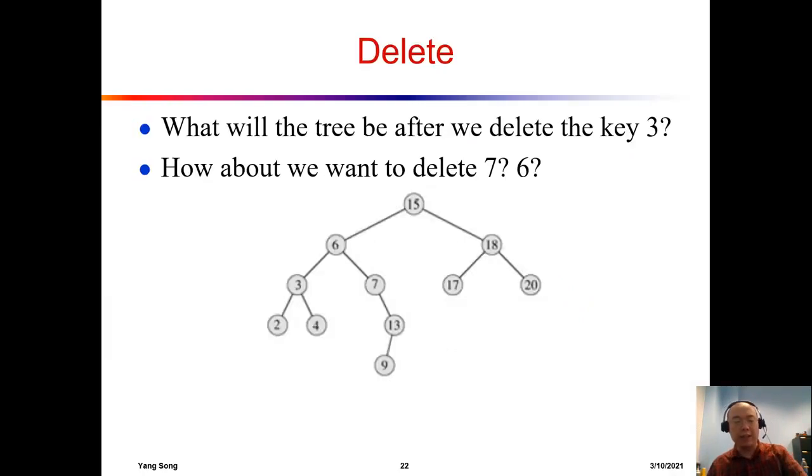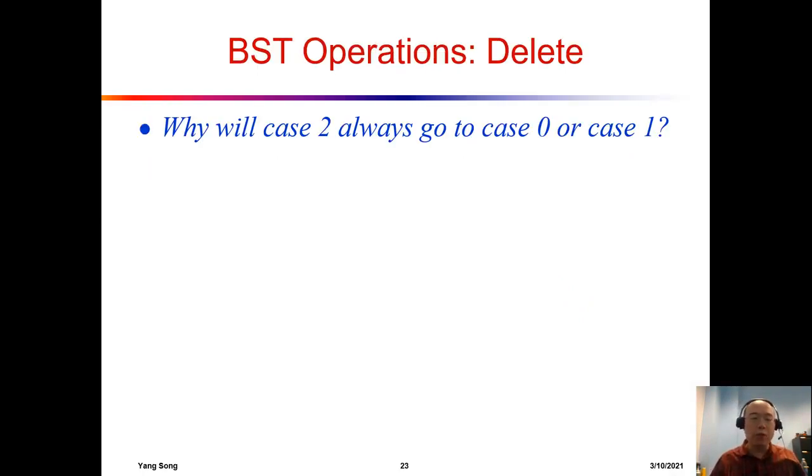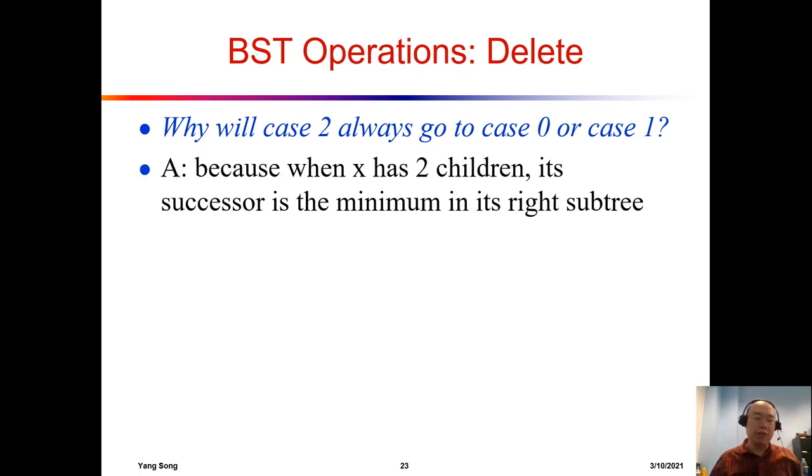And then let's continue our discussion. We do want to ask why, after we have done one step of case 3, we will go to either case 1 or case 0. When we start from case 3, we go to the right subtree and find a successor. That successor is the smallest value on the right subtree.